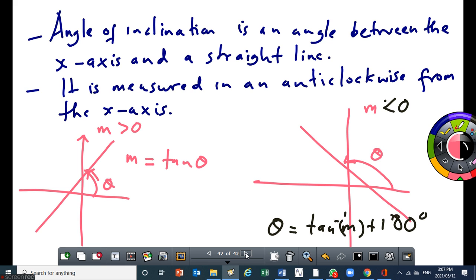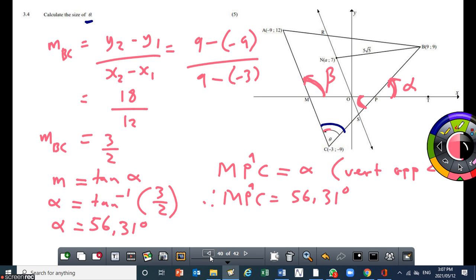You see this equation here? Because the gradient is negative, we have to use this formula here. But this is a general formula. For our question, we already have theta. See this theta here is given. So I can't use theta again for the second time. That's why I used beta.